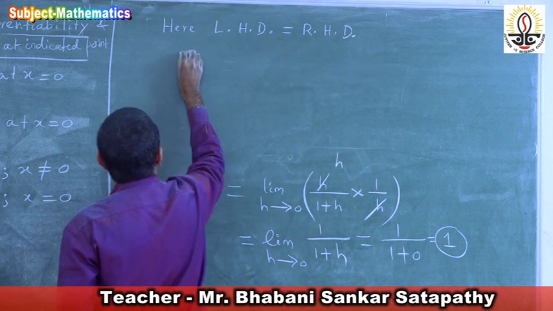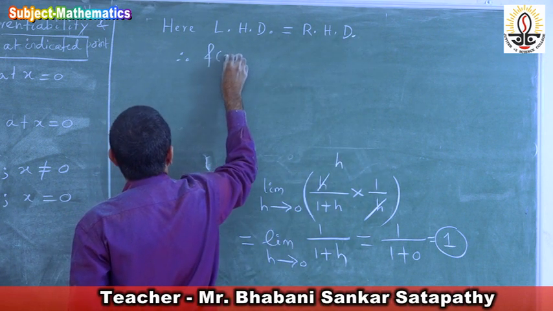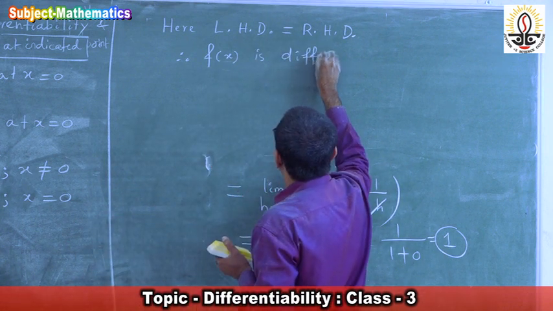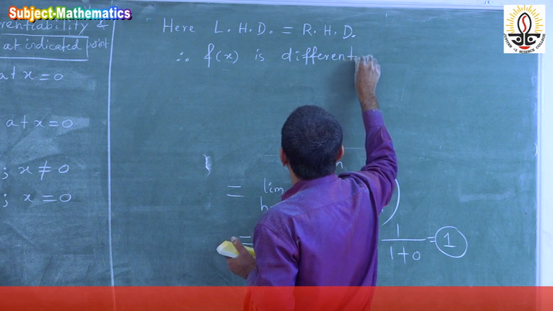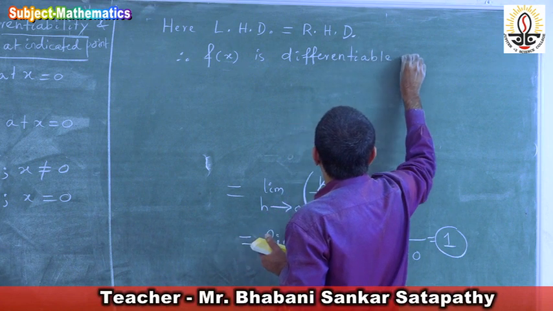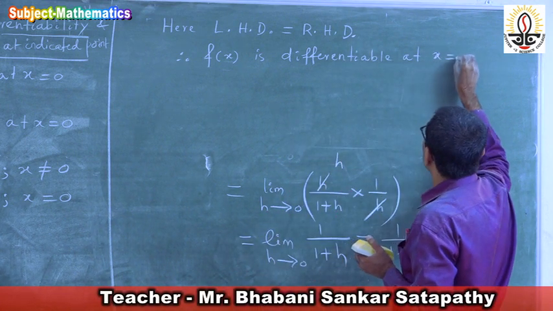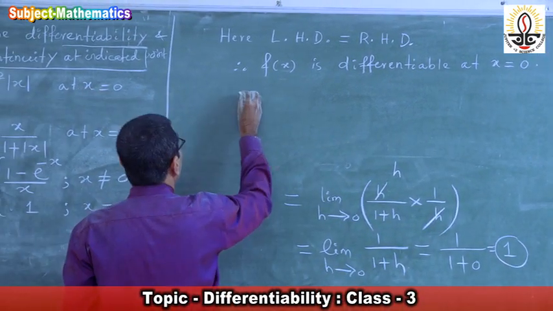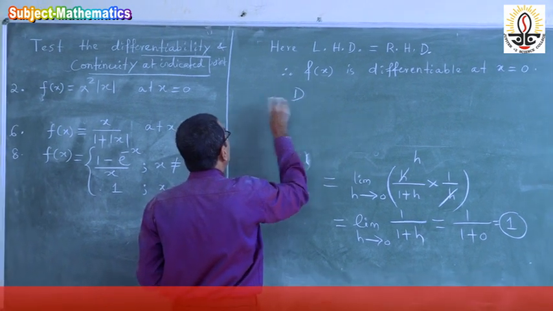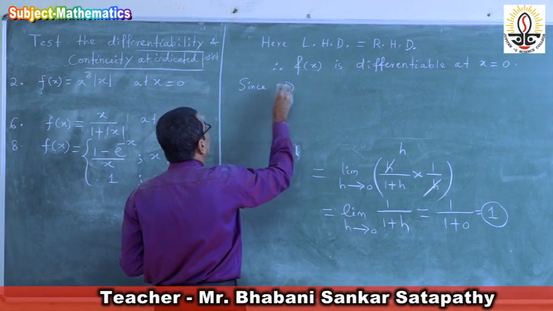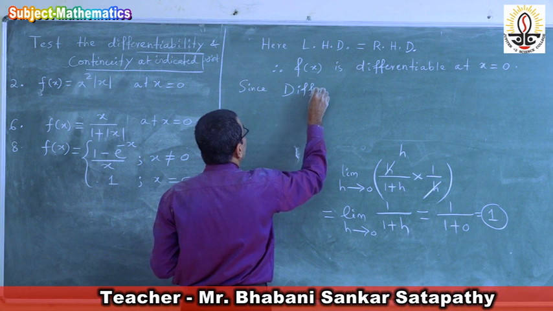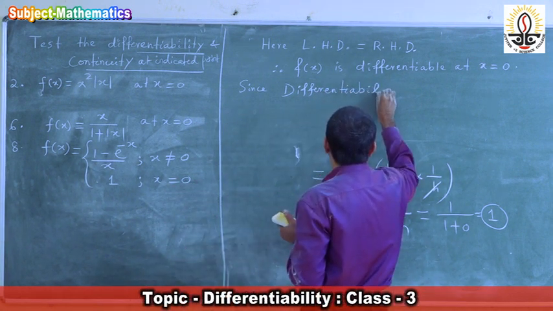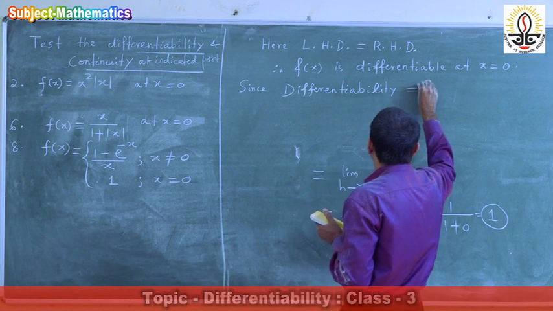Therefore f of x is differentiable. f of x is differentiable at x is equal to 0. Then for the continuity we have to write this: since differentiability implies continuity.